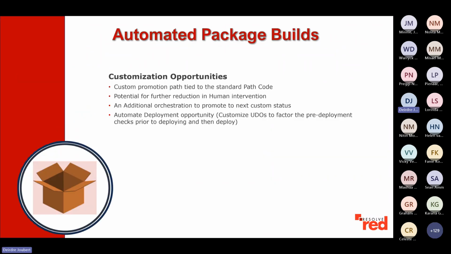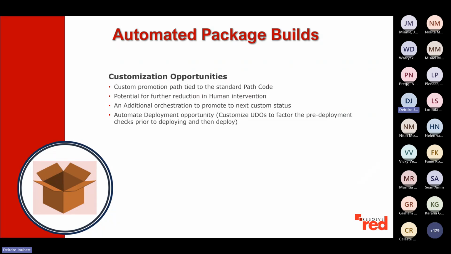The advantage of this feature is it gives us an opportunity to create customization, to create automation and simplify the build process. For example, one could create a custom promotion path that will be tied back to the actual path code. So let's say status 23 could be tied to status 21, which is DV central objects.